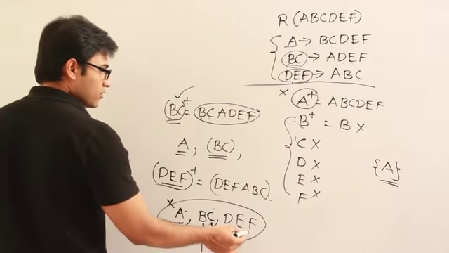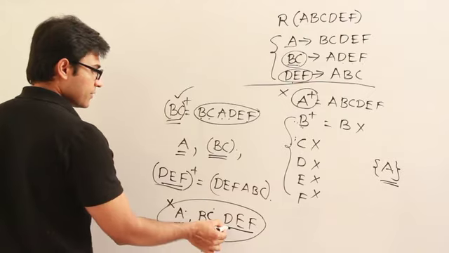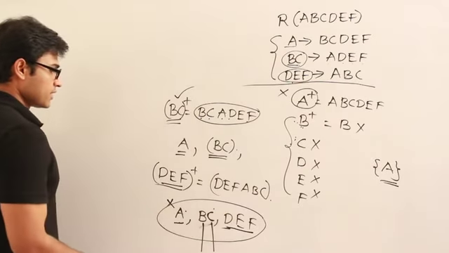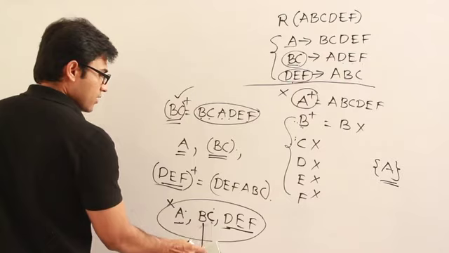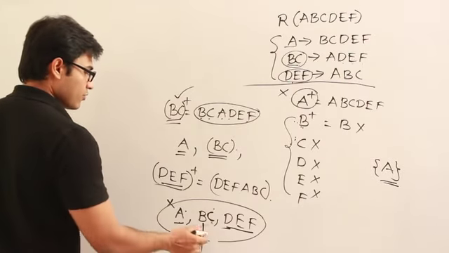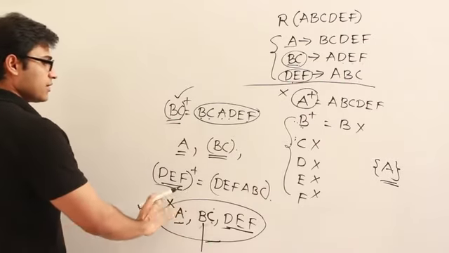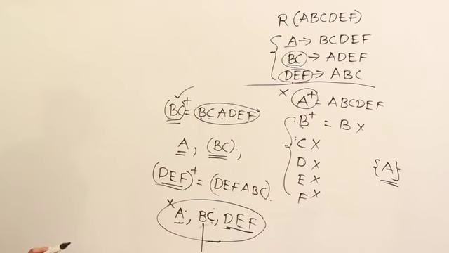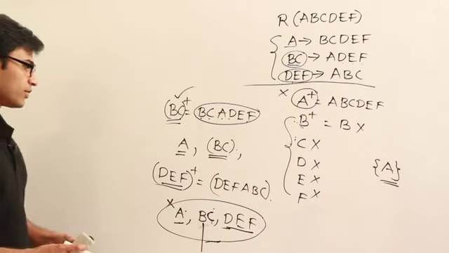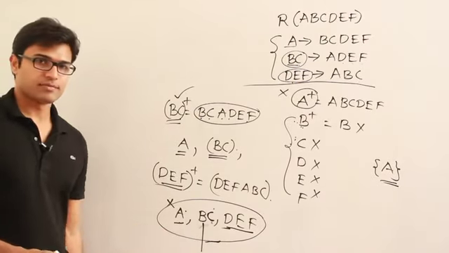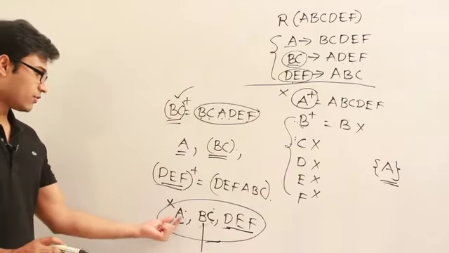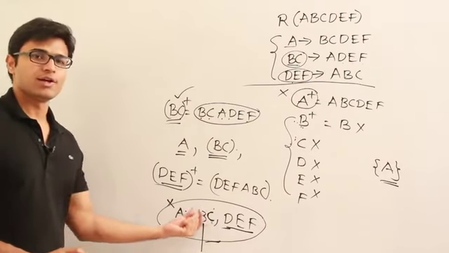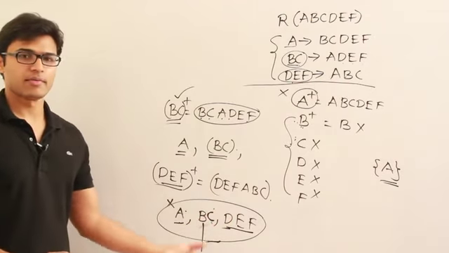Similarly, you cannot use DEF completely. You can use only 2 of them. Now what happens is, if I have to make a 4 element set using these elements, there is no way you can make it without including at least one of them. That is the problem. Without including at least one complete candidate key, you will not be able to find 4 elements.